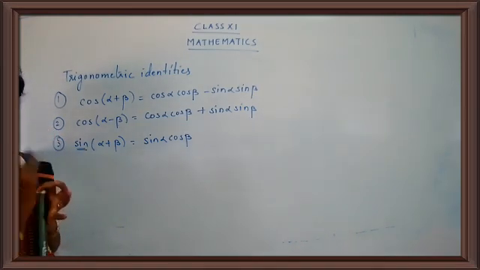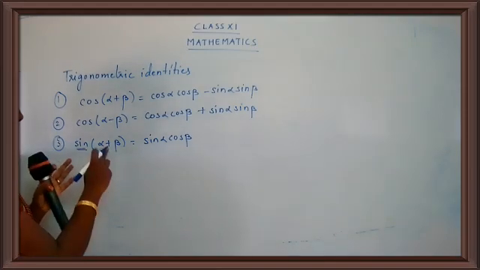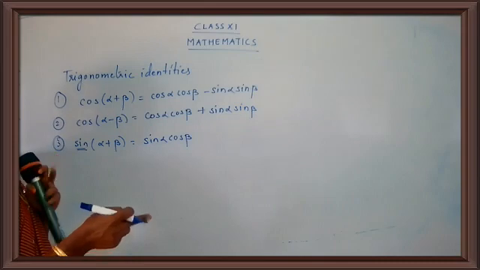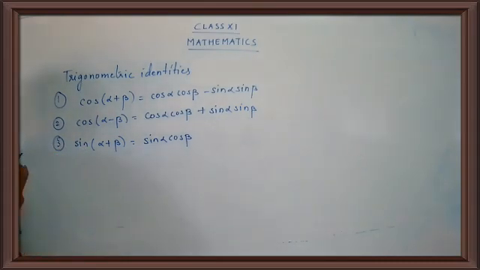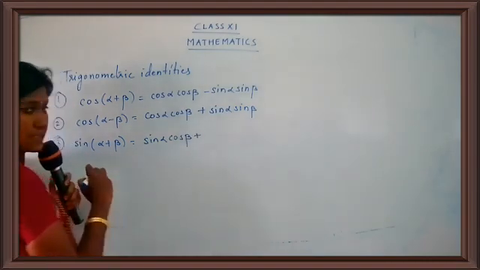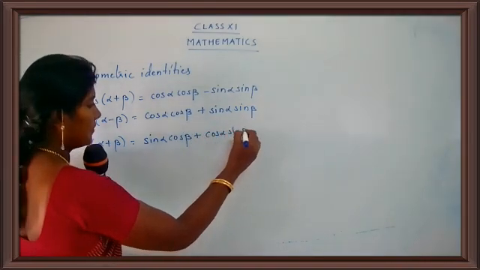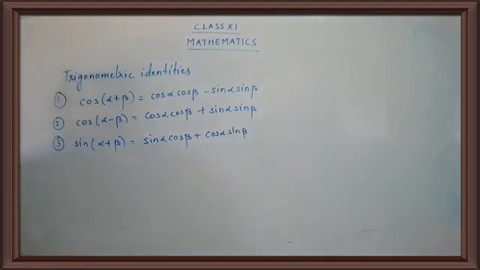When you are dealing with the sine function, the sign is going to remain the same. That is, the plus will remain plus, the minus will remain minus. So sine of alpha plus beta is equal to sine alpha cos beta plus cos alpha sine beta. So what you get? Sine of alpha plus beta is equal to sine alpha cos beta plus cos alpha sine beta.